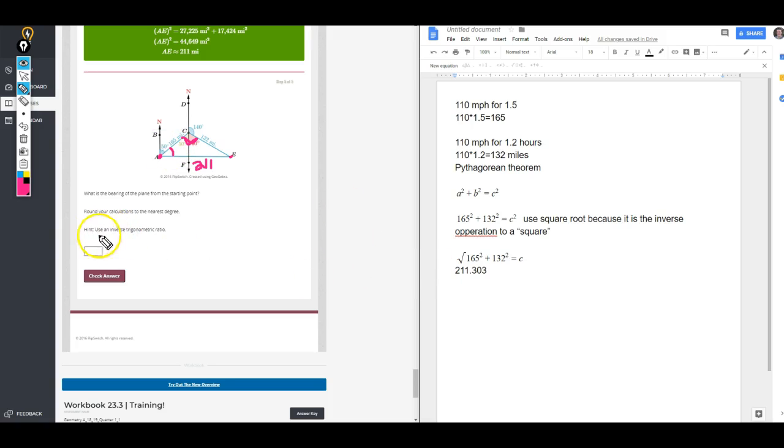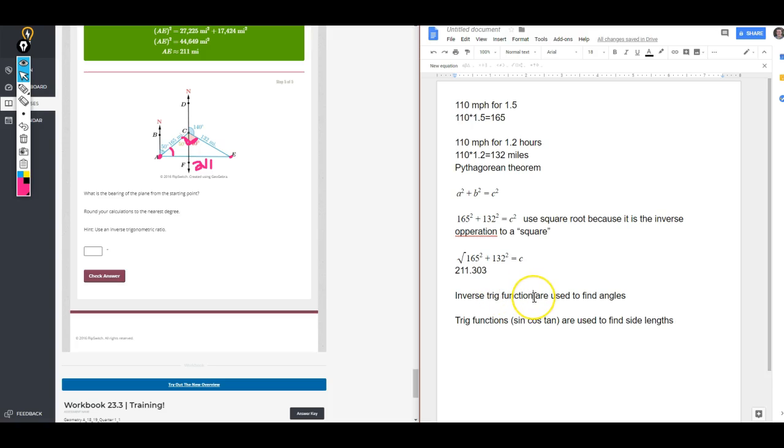Now, why do they say hint use inverse trigonometric ratios? It's because inverse trig functions are used to find angles, like inverse sine, inverse cosine, inverse tangent. They're used to find angles. Regular trig functions, like sine, cosine, and tangent, are used to find side lengths.